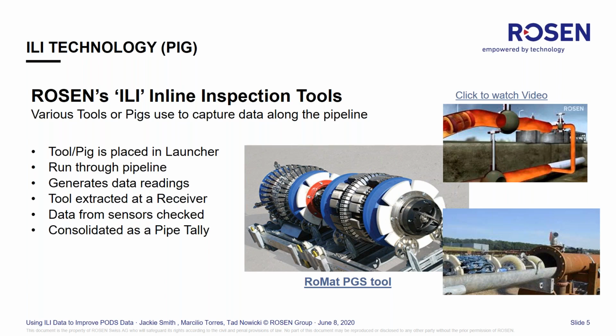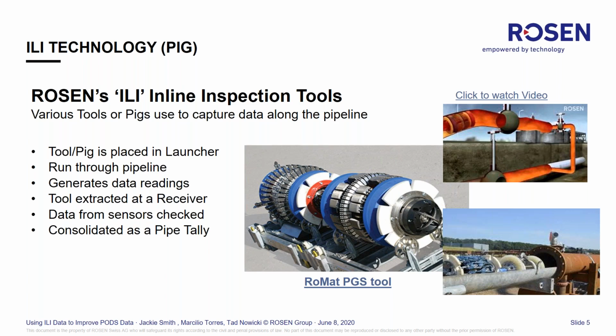And a non-destructive method is to run an inline inspection tool inside the pipeline. Once you download this presentation or watch this webinar, you can click on this video to get a lot of information about running a PIG in a pipeline. Gives you a little show and tell there.